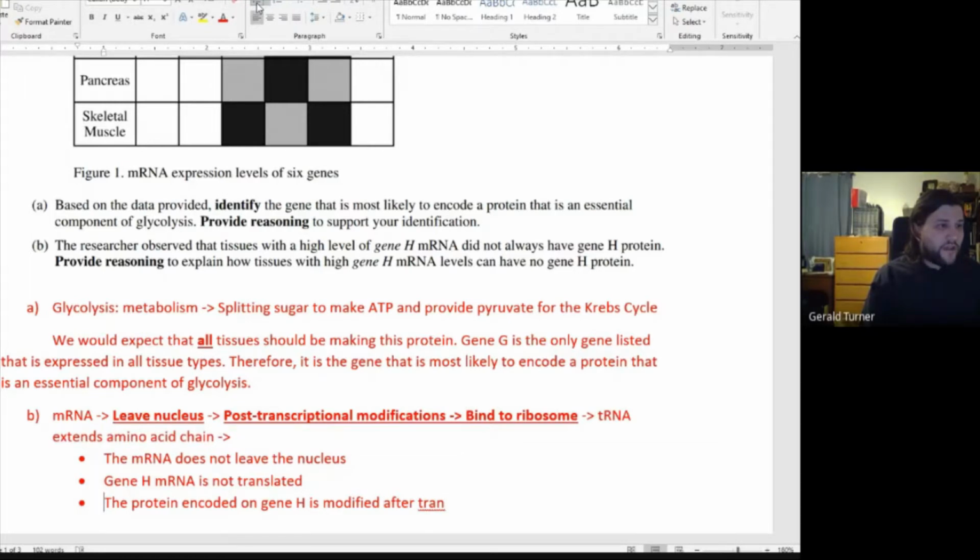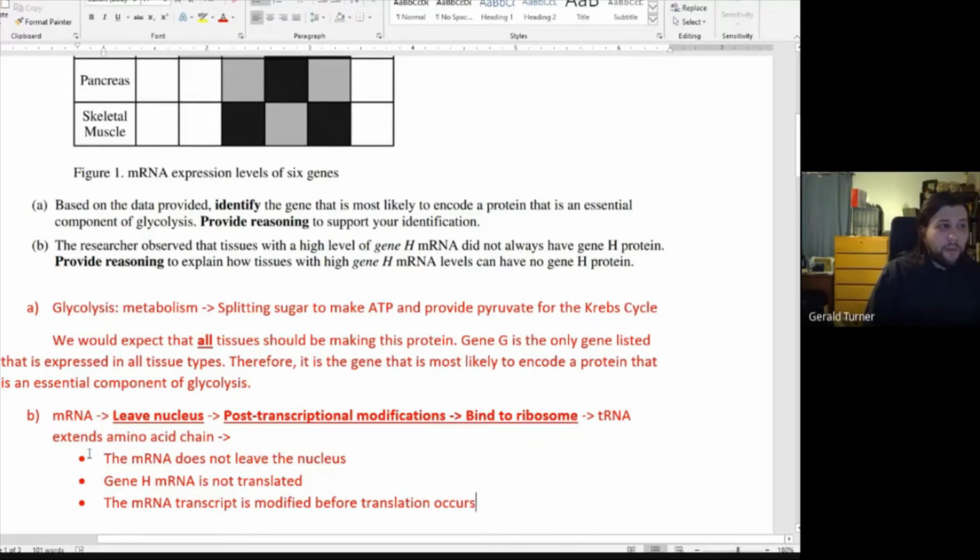So the mRNA transcript is modified before translation occurs. So I apologize for the confusion there. I read that problem a little bit too quickly and started saying things that were not exactly accurate.